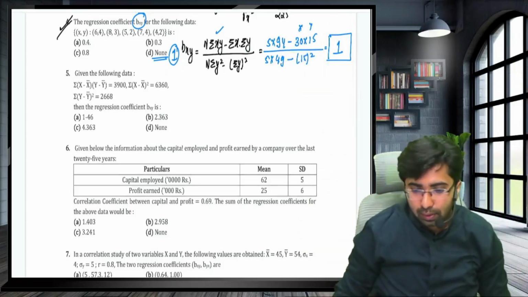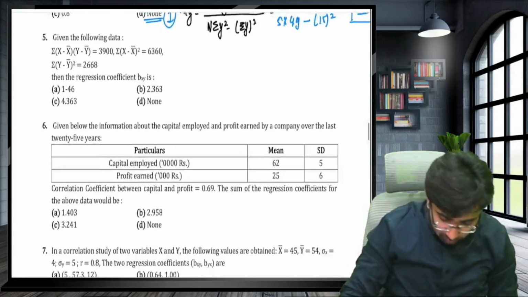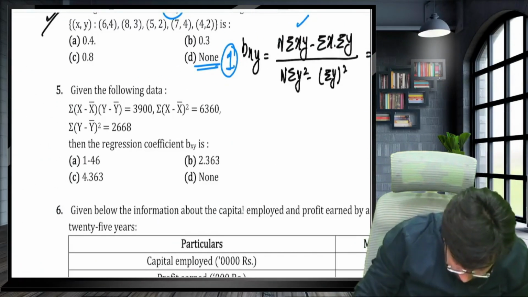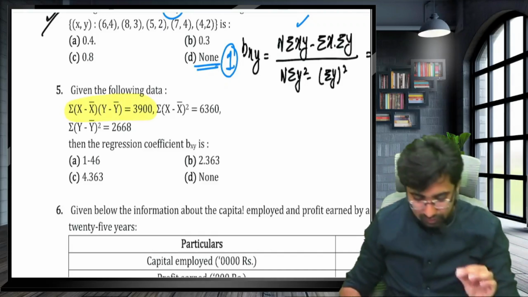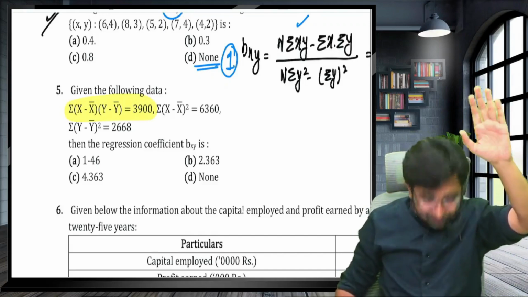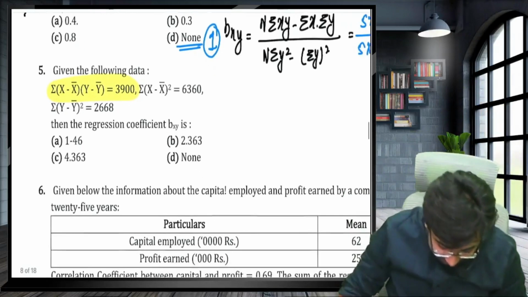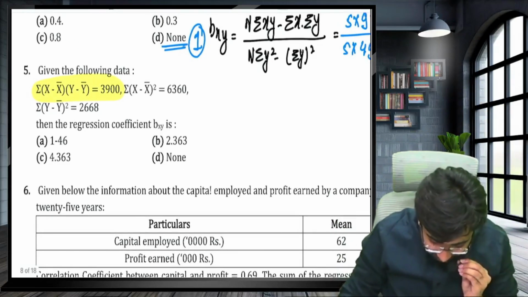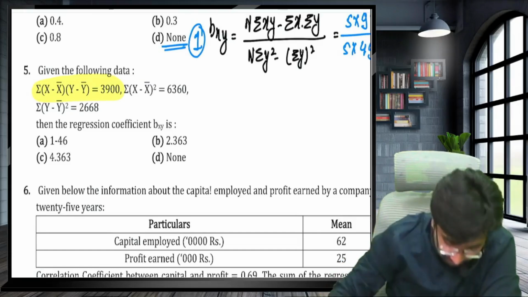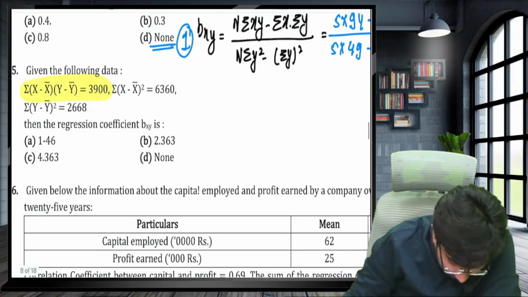Ready? Now, please solve question number 5. By looking at this, what do you feel? Now you are all ready for the war. Okay, just hold on for a second. I will give you the answer.